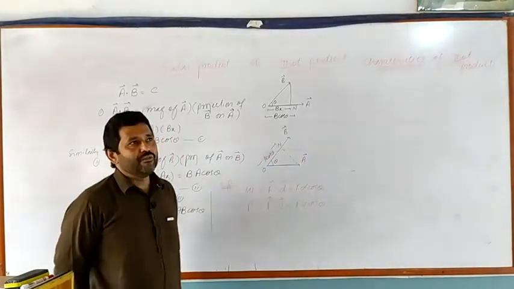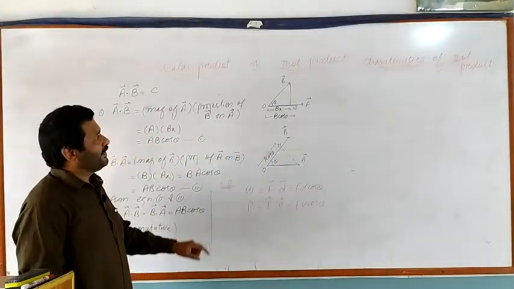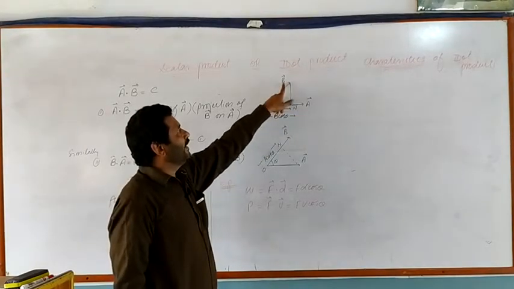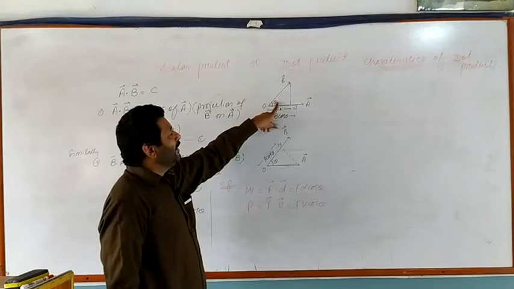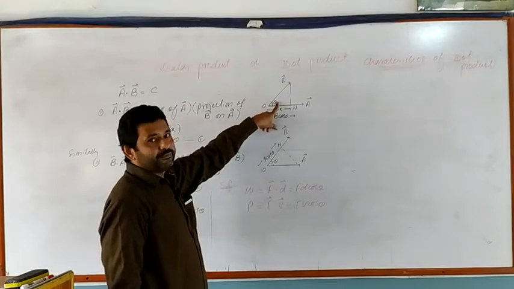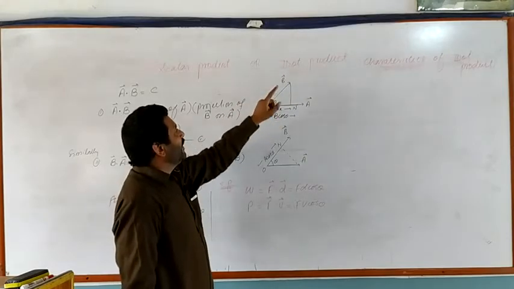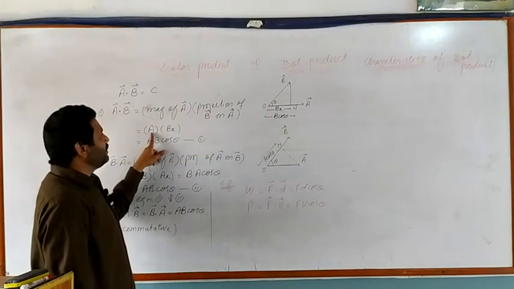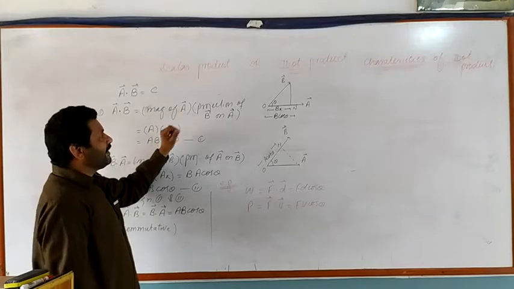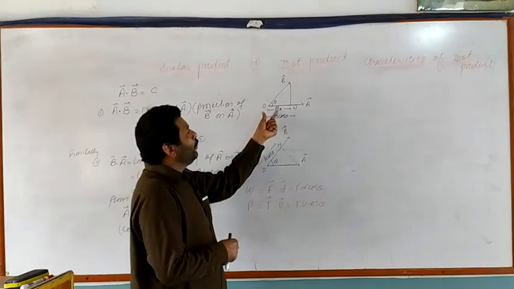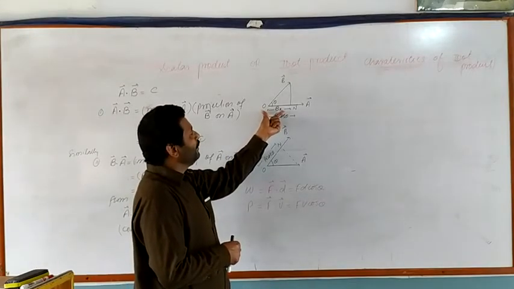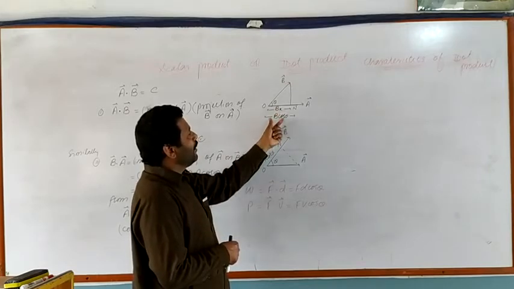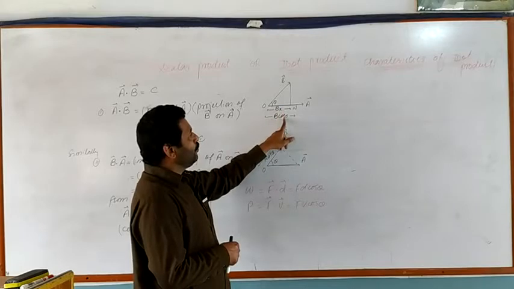Suppose graphically these two vectors, vector A and vector B, are making an angle theta with each other. We have to find the magnitude of vector A. Here A is the magnitude of the first vector, and Bx, the distance from O to N, which is Bx or B cos theta, where x is equal to cos theta.